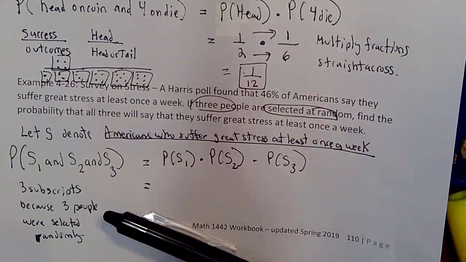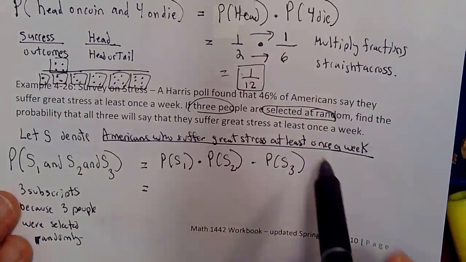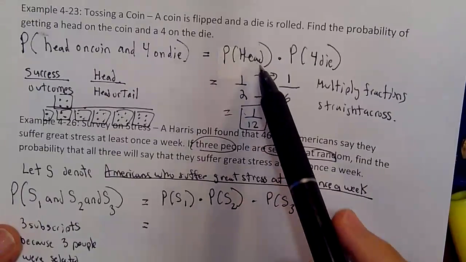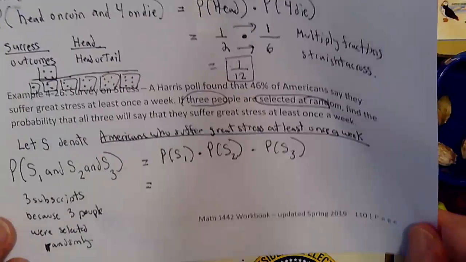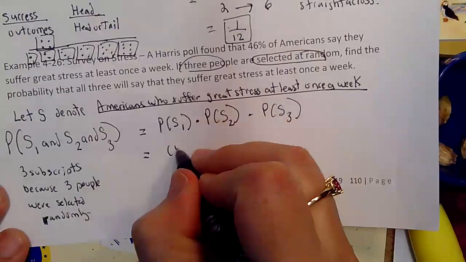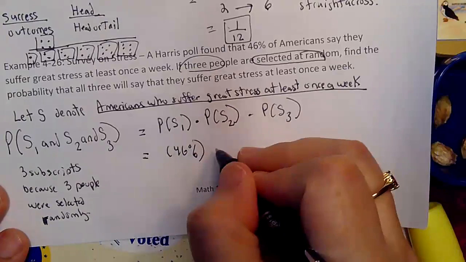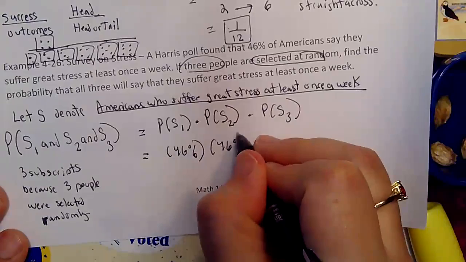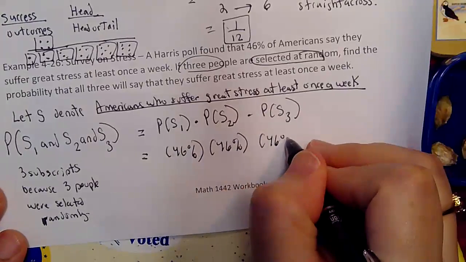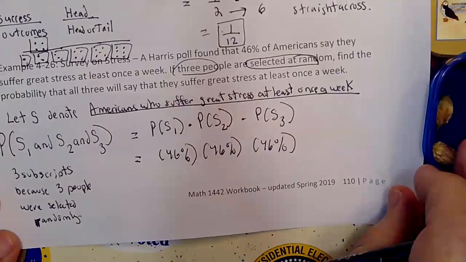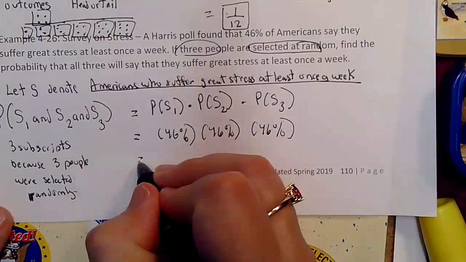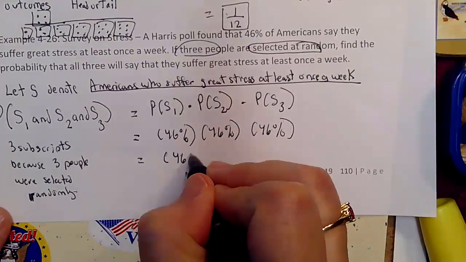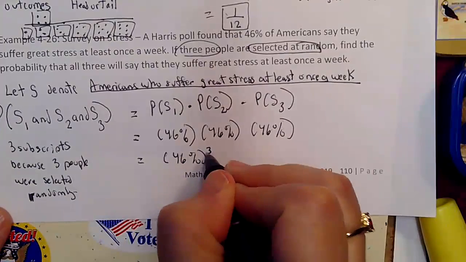Whereas in the previous problem you had for the head 1/2 times the die 1/6, here your probability is 46% times 46% times 46%. If you want to use exponents, you may: 46% raised to the 3rd power.